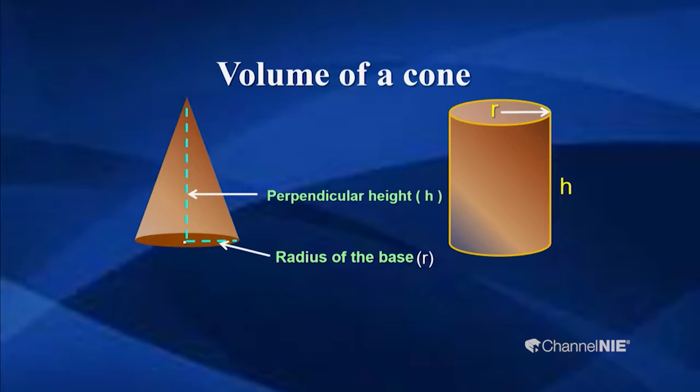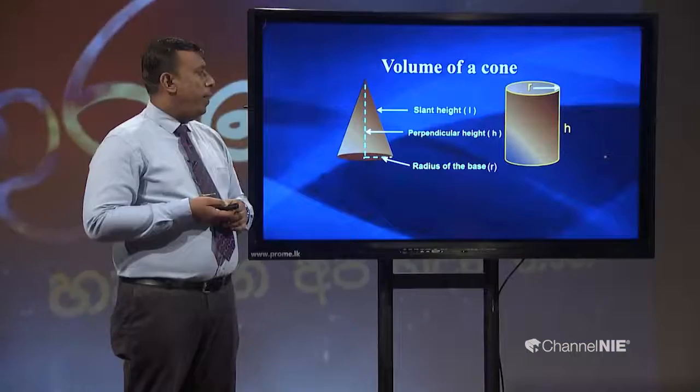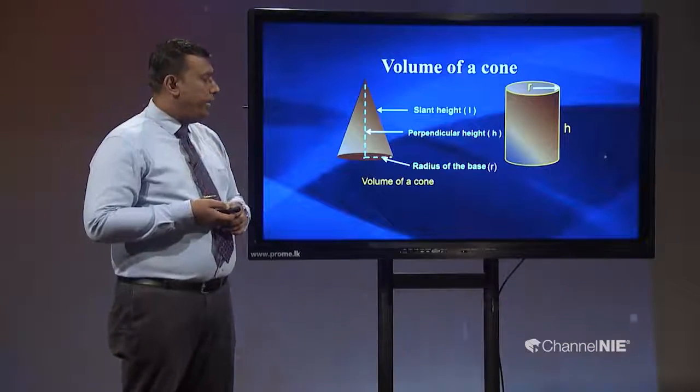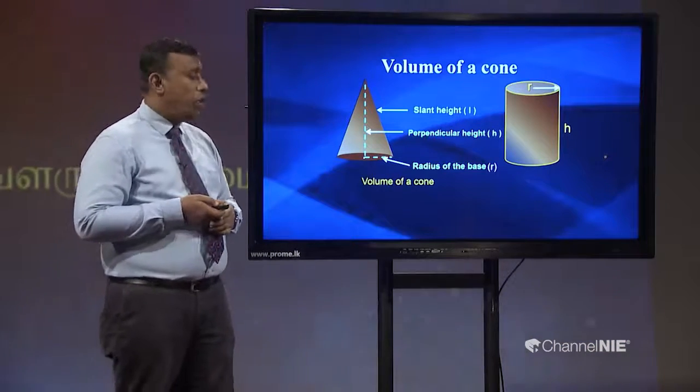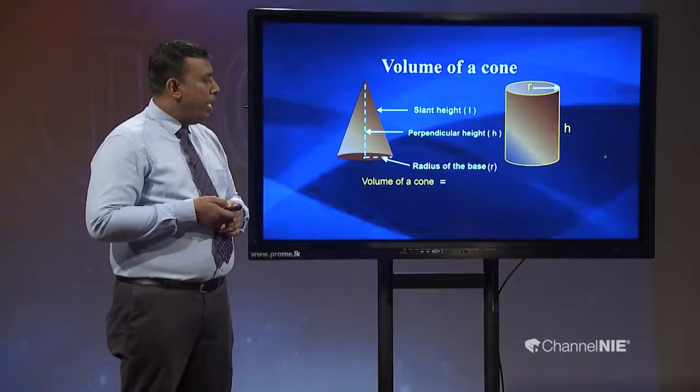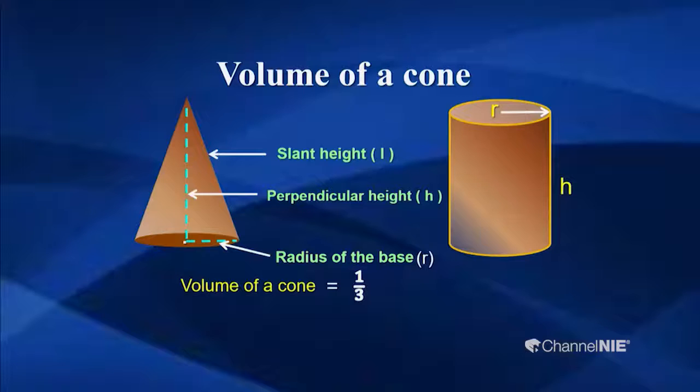So now, next step, you can see the slant height. I told you earlier, there are two types of heights, the perpendicular height and the slant height. Then when finding the volume of the cone, we have to multiply 1 over 3 by the volume of the cylinder.